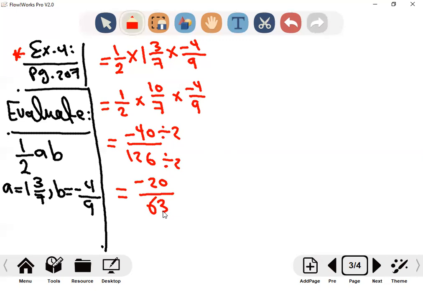So negative 20 over 63: the 20 can divide by 2, 10, 5 and 4, and 20. The 63 cannot divide by 2, 5, 4 or 10. So this is the simplest form, negative 20 over 63. Directly, let's go to the check after this example.